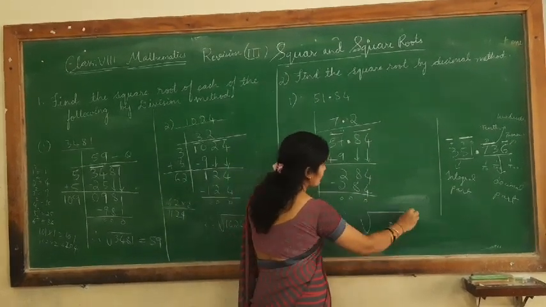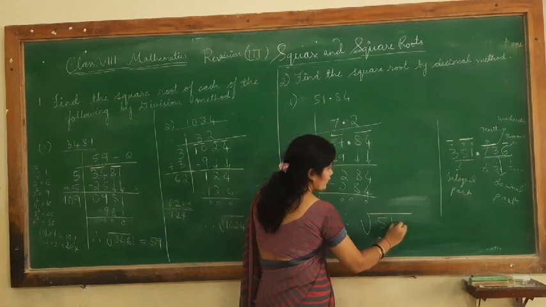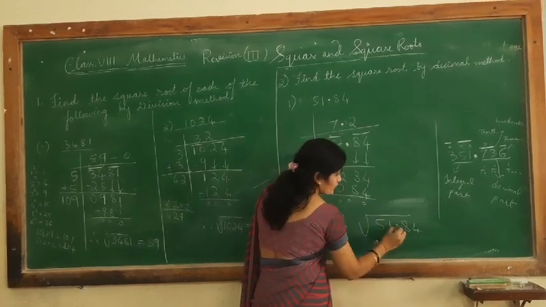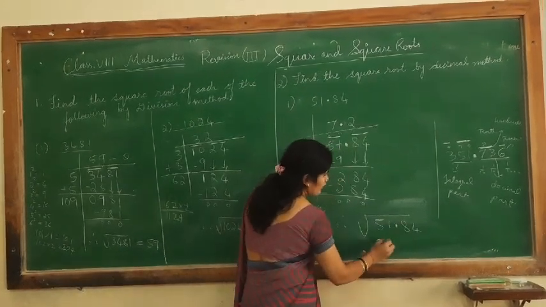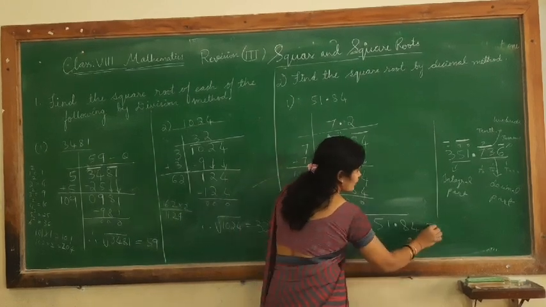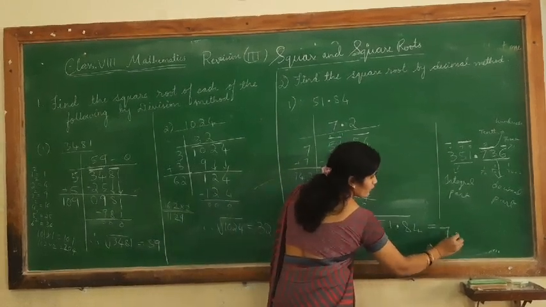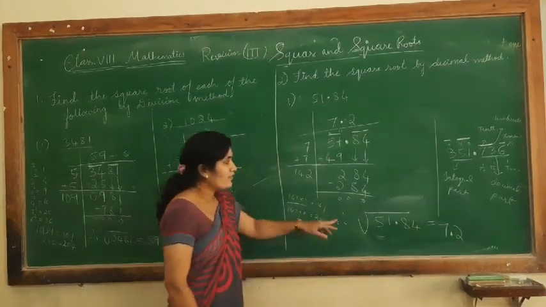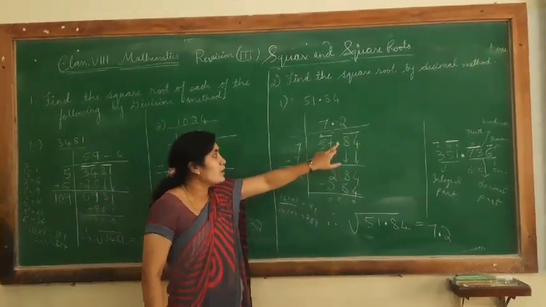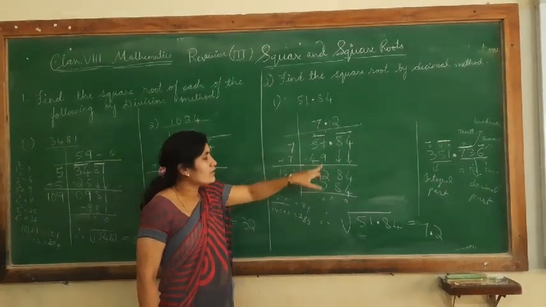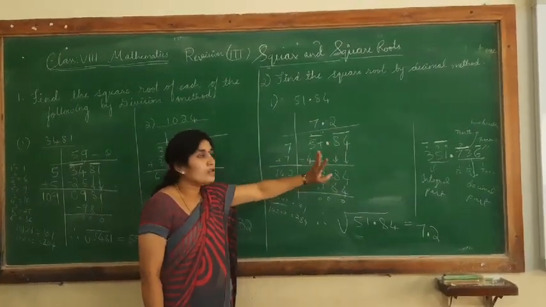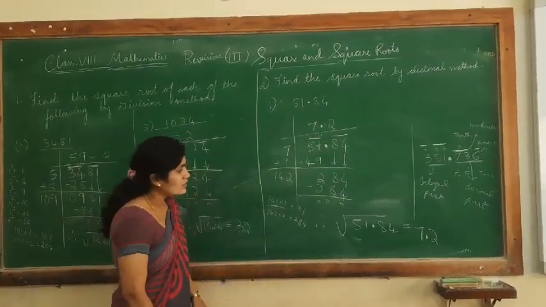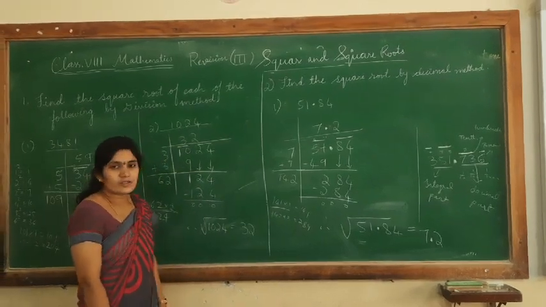Therefore, the square root of 51.84 is equal to 7.2. Only difference is, wherever the decimal point is, soon after division you put the decimal point in the quotient. That's it. So root 51.84 is 7.2.